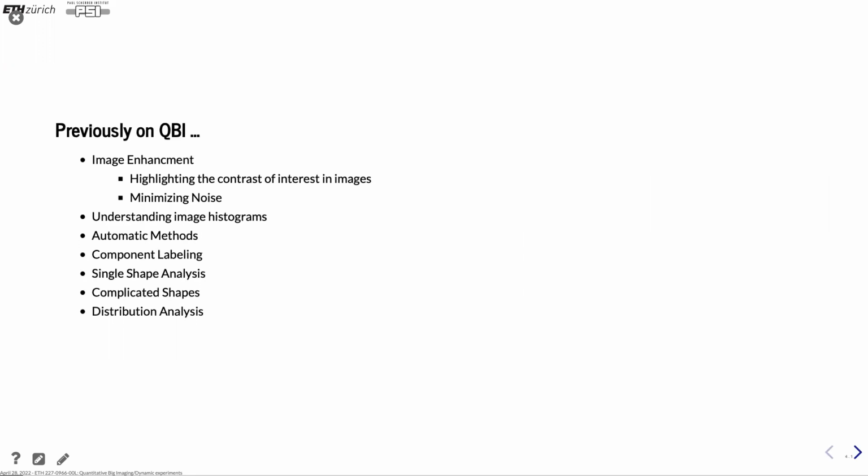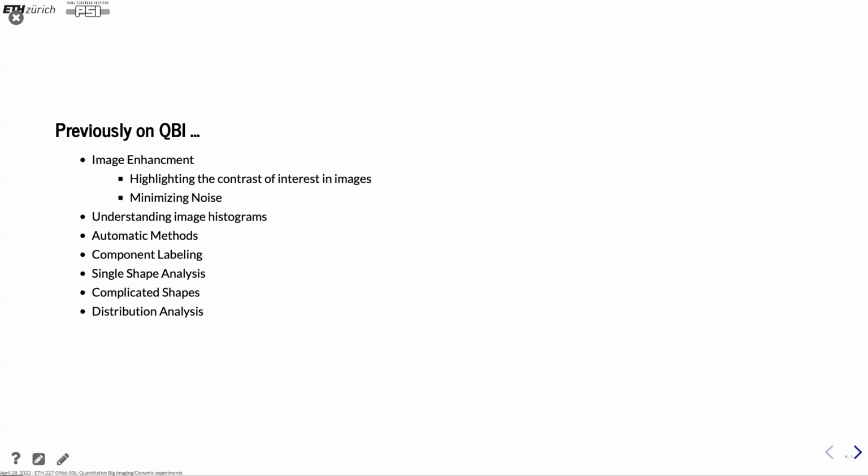Now we are pretty far advanced in the class. So we have talked about image enhancements to improve signal to noise ratio. We have looked at the histograms and how they can be improved, what you can get out of them in form of segmentation to automatically segment images.